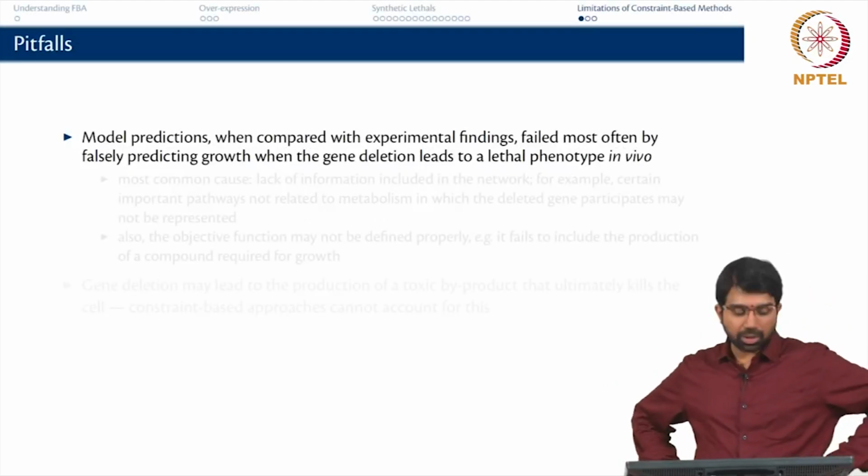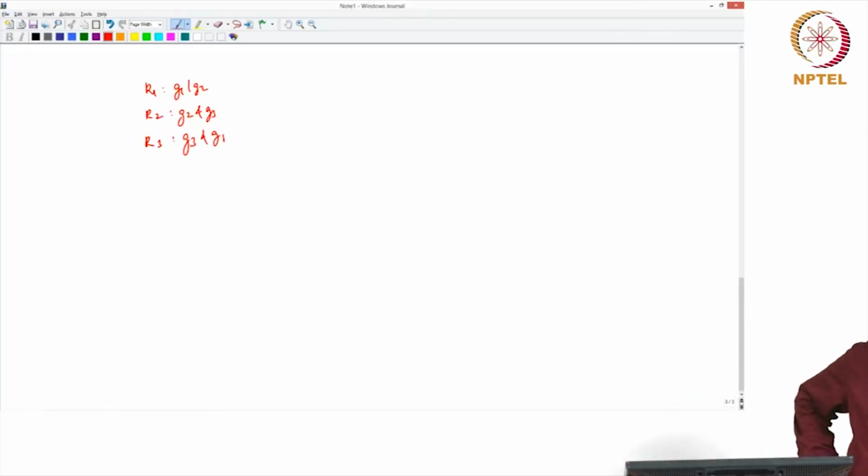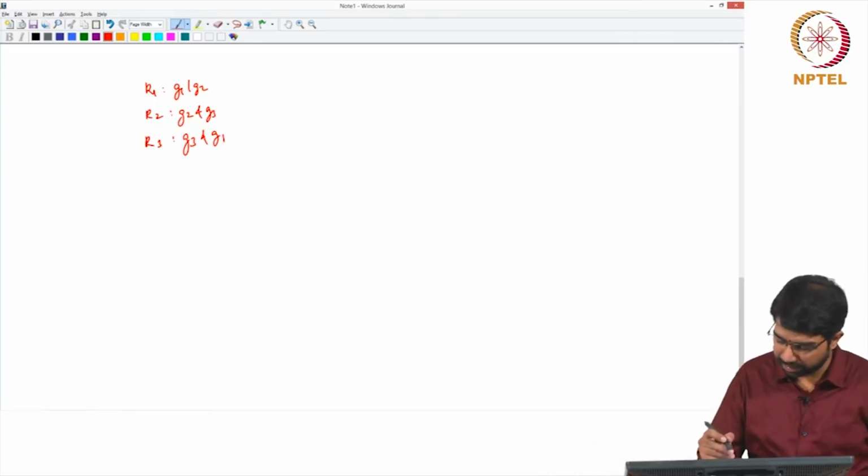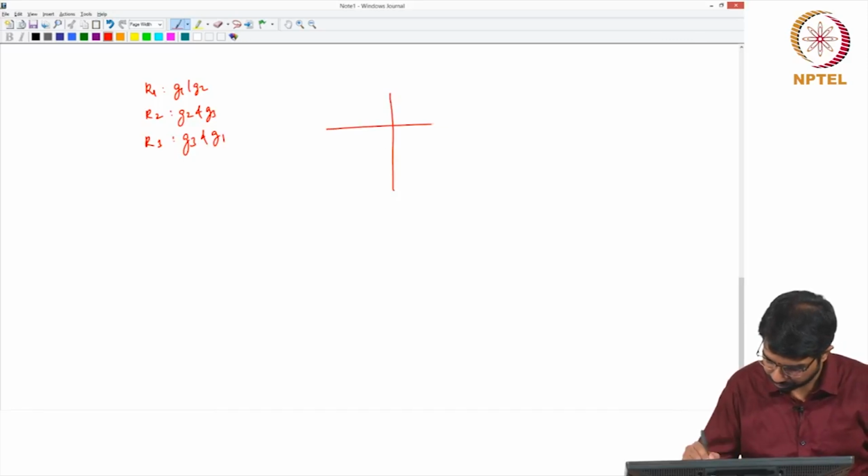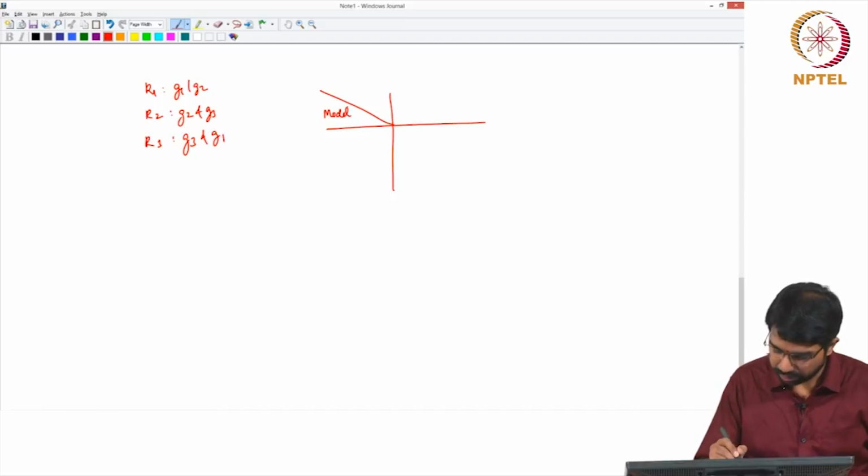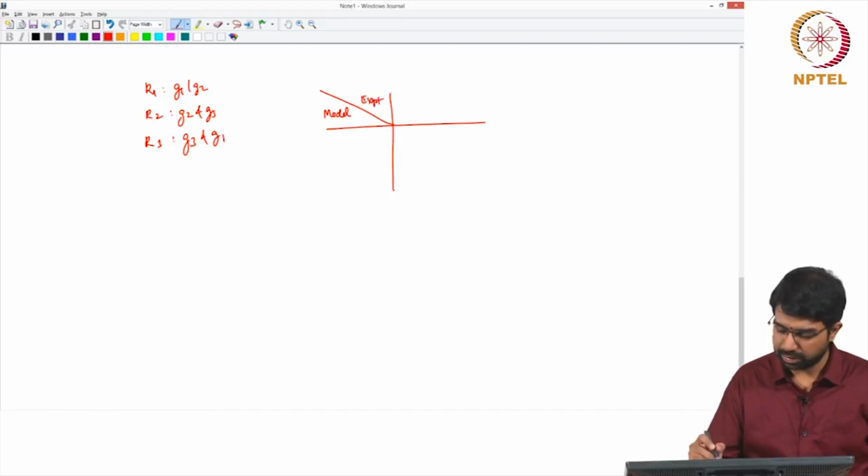So, there are different kinds of prediction errors that can happen. Let us say this is the model and this is the experiment.